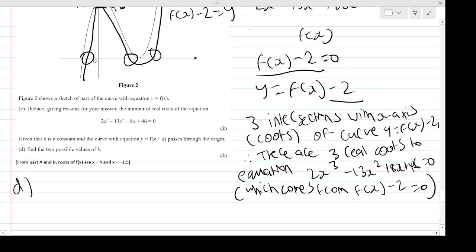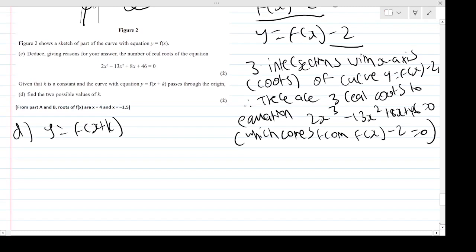Part D. Then it's saying, given that k is a constant and the curve of equation y is f of x plus k passes through the origin, find the 2 possible values of k. Okay, well, firstly, we have y is f of x plus k. Hopefully you should notice what that's doing. It's a number inside the function, so I'm adding something to x inside.